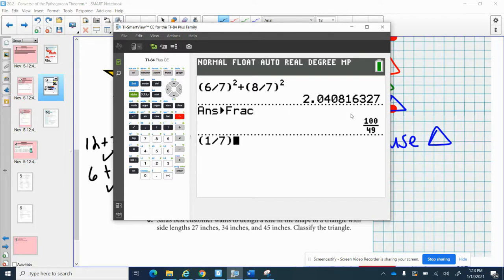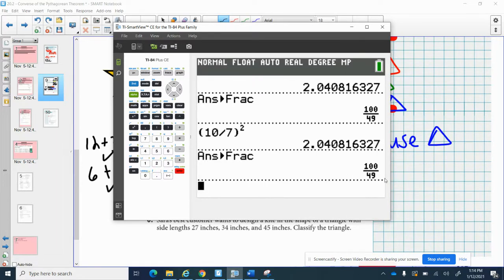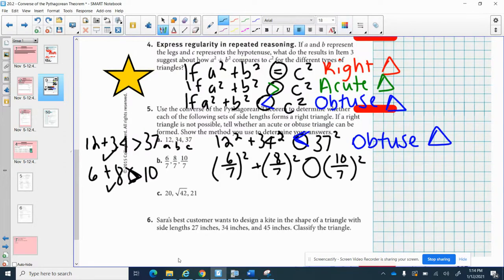Again, make sure you have it in parentheses. 10/7 squared. Notice it's that same value of 100/49. So these are equal to each other. We know when they are equal to each other, it's a right triangle, right? These ended up being equal, so this one is a right triangle.